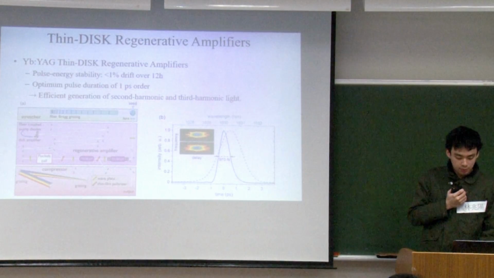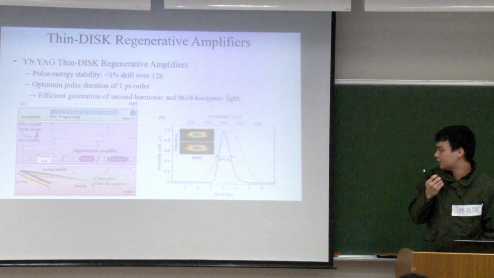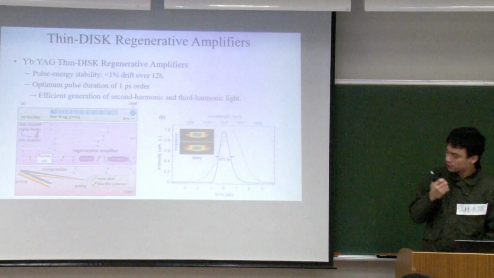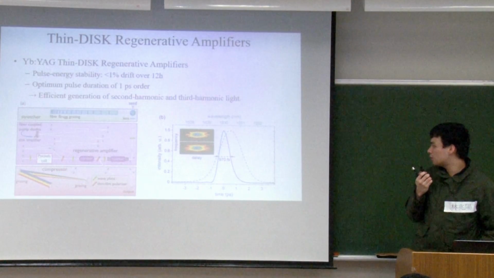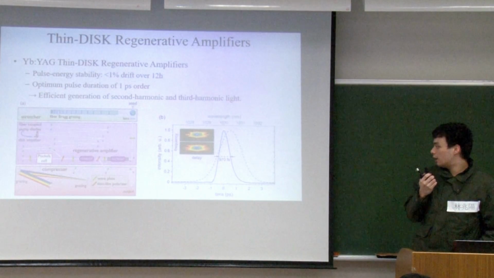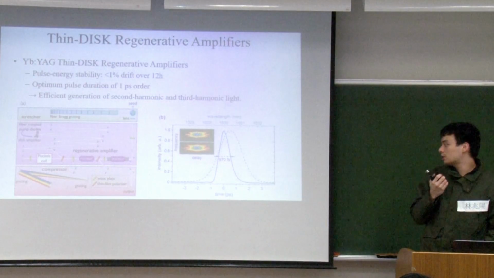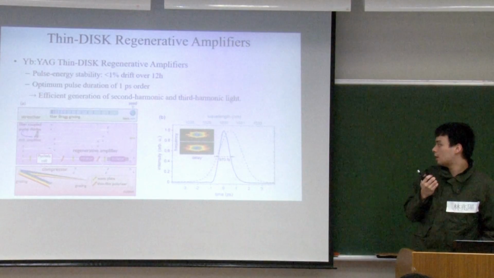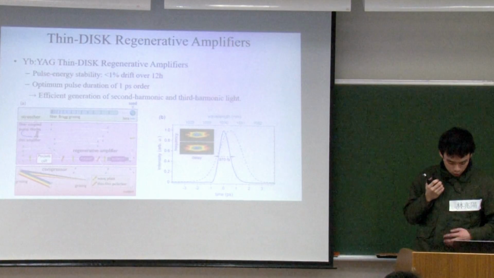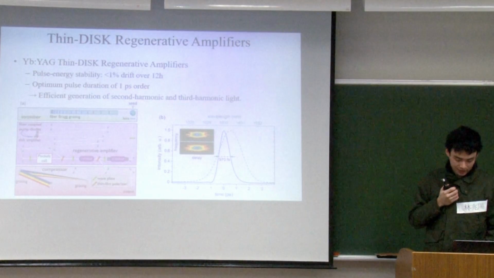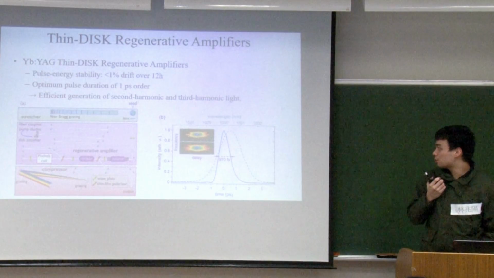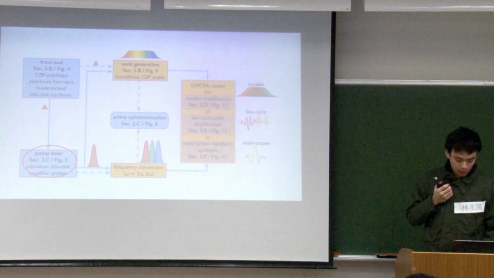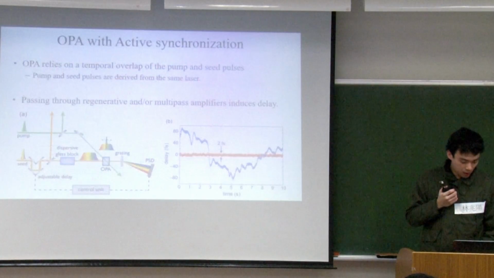And then we amplify and recompress, and the output pulse is shown in figure B. It has an FWHM of 970 femtoseconds and a spectrum drawn in green, and the top left is the FROG trace. And now so far we have done the pump laser part.